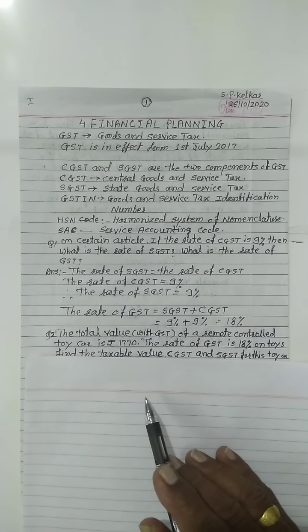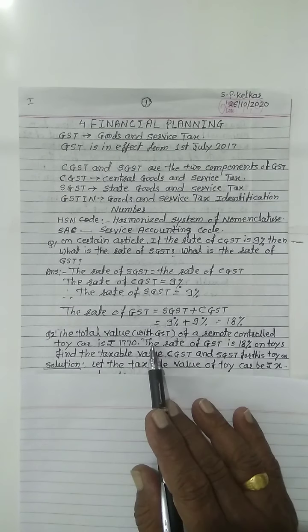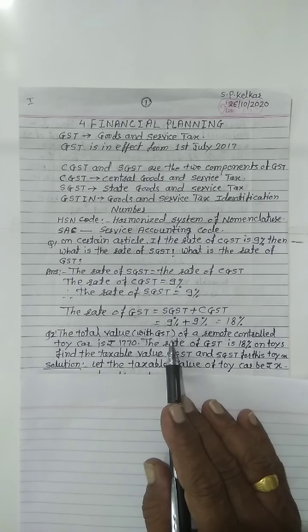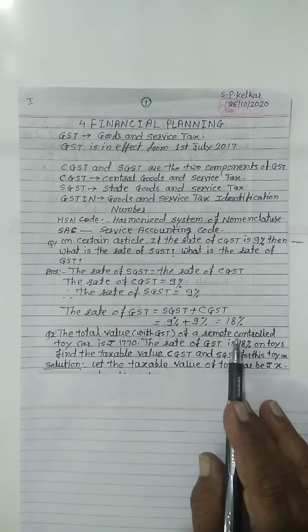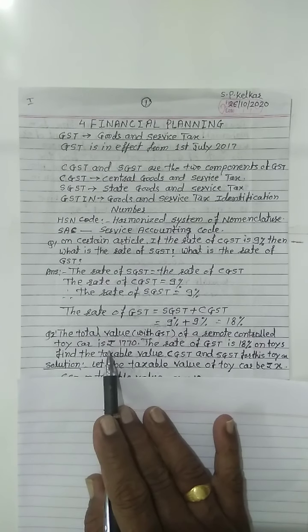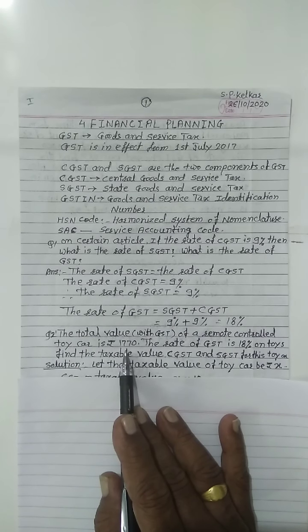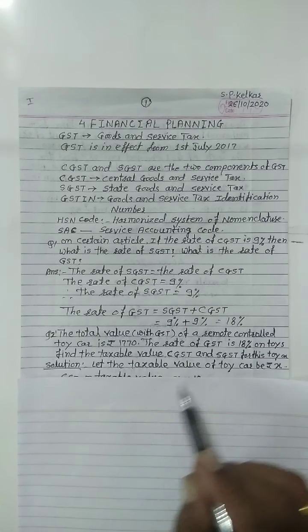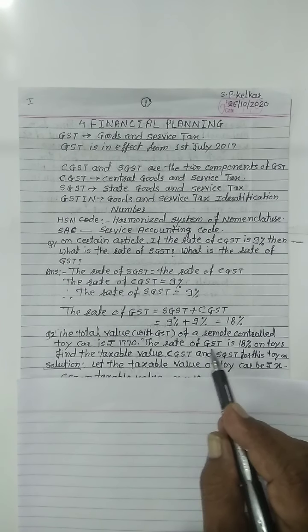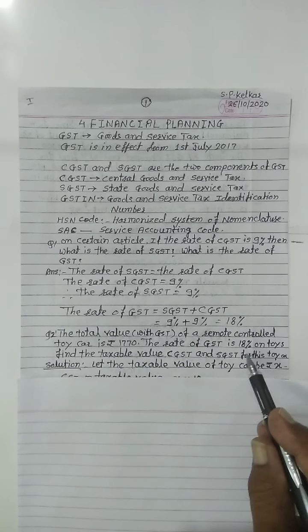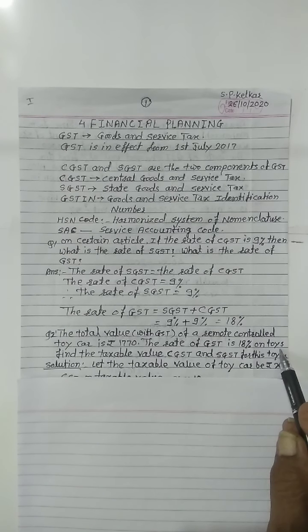Take another example. The total value with GST of a remote control toy car is rupees 1770. The rate of GST is 18% on toys.